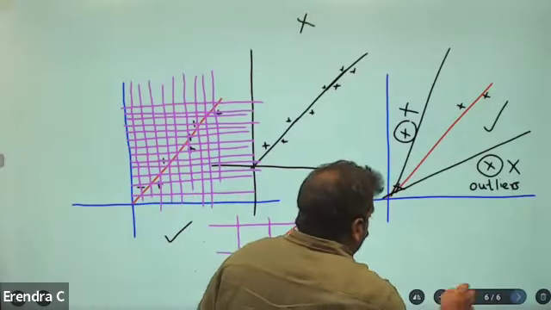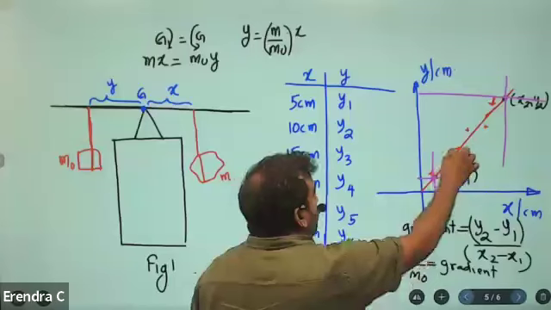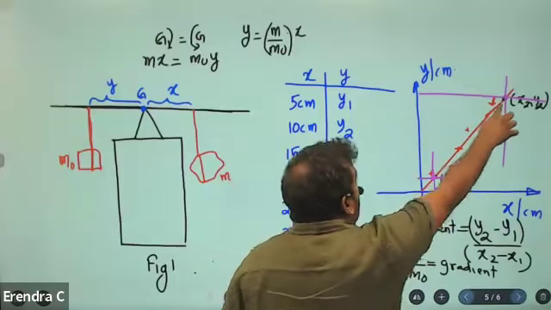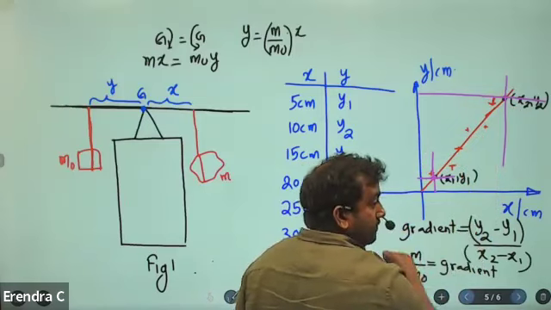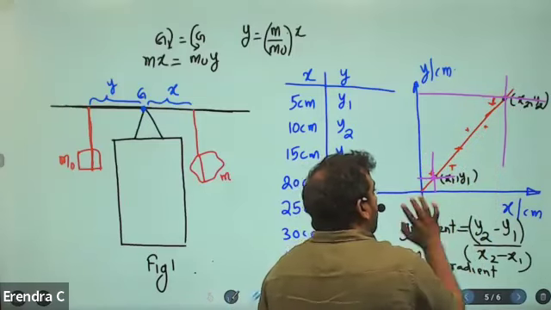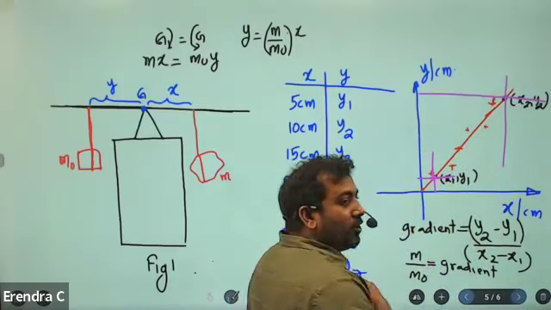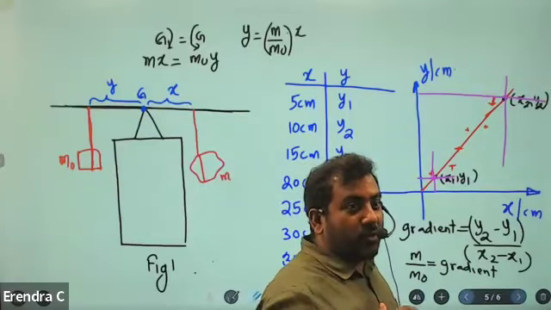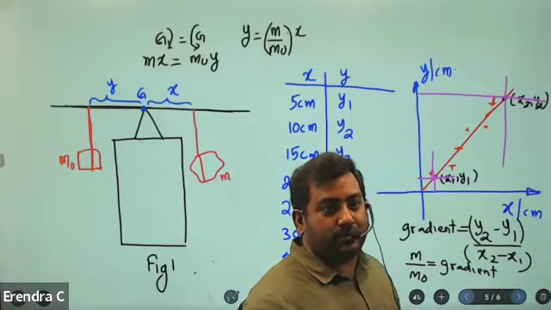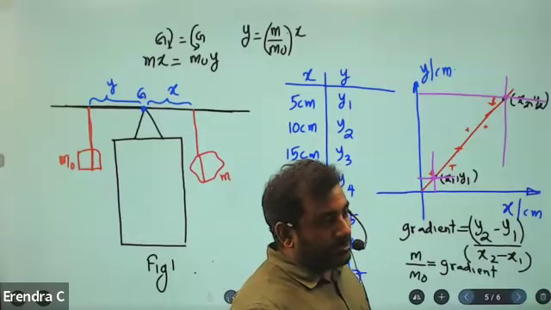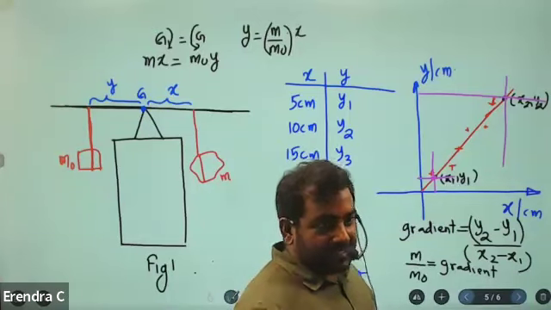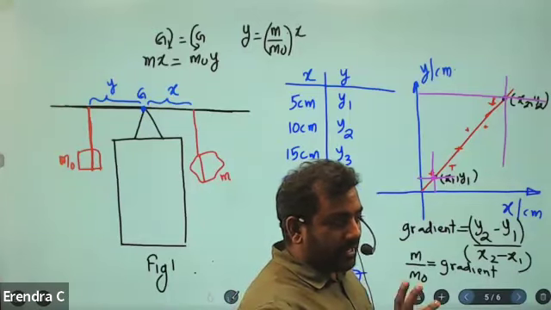Once you do that, take 2 points which cut the grid line, far away. Don't take 2 points close together. Now you will say, sir, it's going through 0, 0. Can I take 0, 0? My advice to you, don't. It's easier not to select that point.